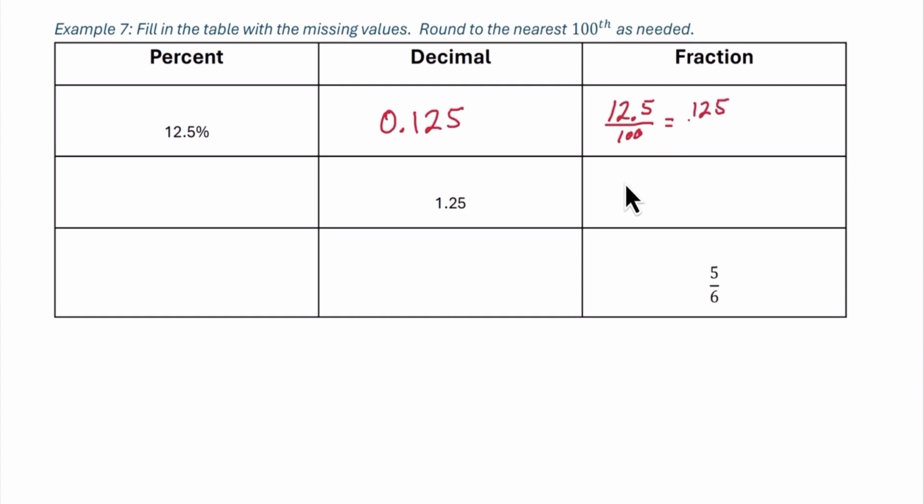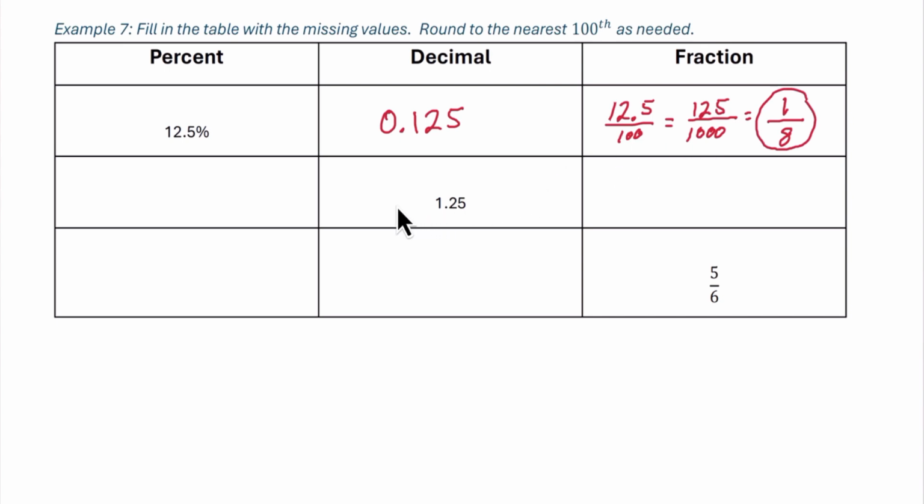So in the numerator, 125, in the denominator, 1,000. And now we'll reduce this. Both of these numbers are divisible by 125. 125 divided by 125 is 1. And then 1,000 divided by 125 is 8. So this fraction reduces to 1/8.